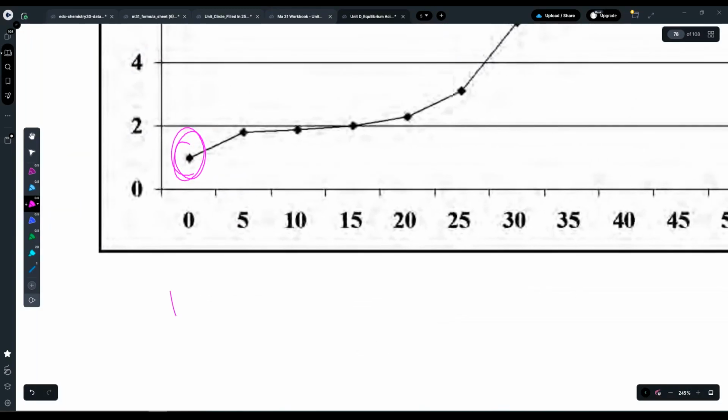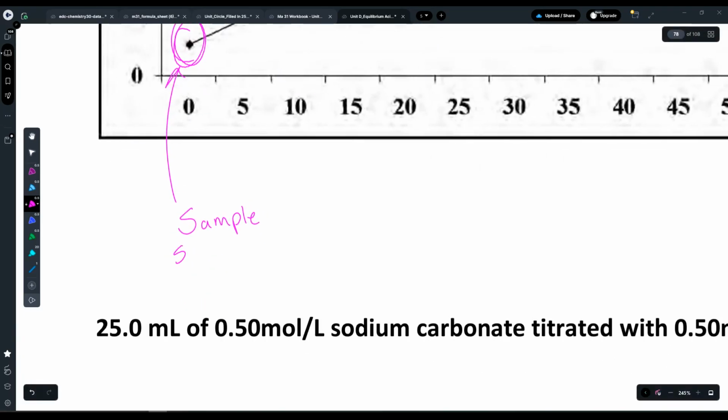Where your pH curve starts, that is going to show you the pH of your sample solution. So I'm going to abbreviate solution to SOLN, is boric acid.